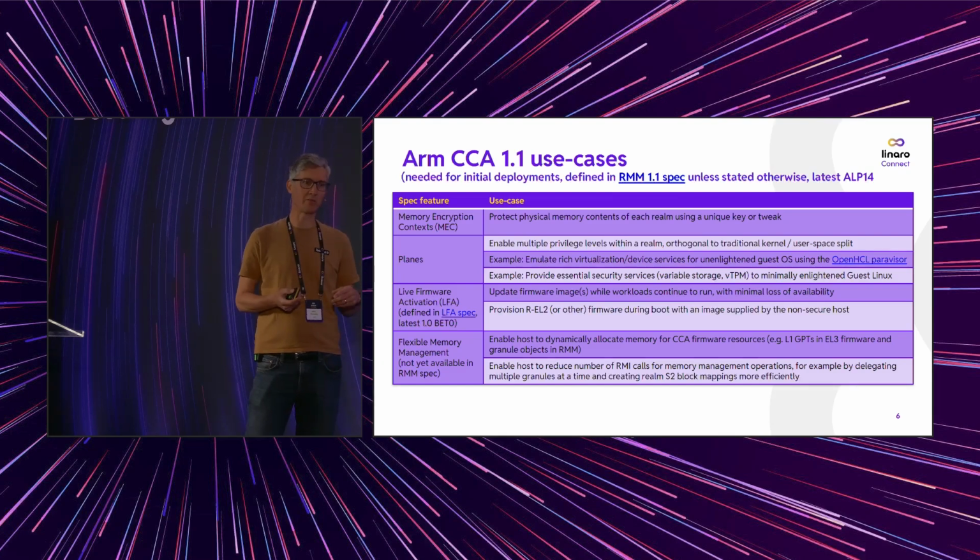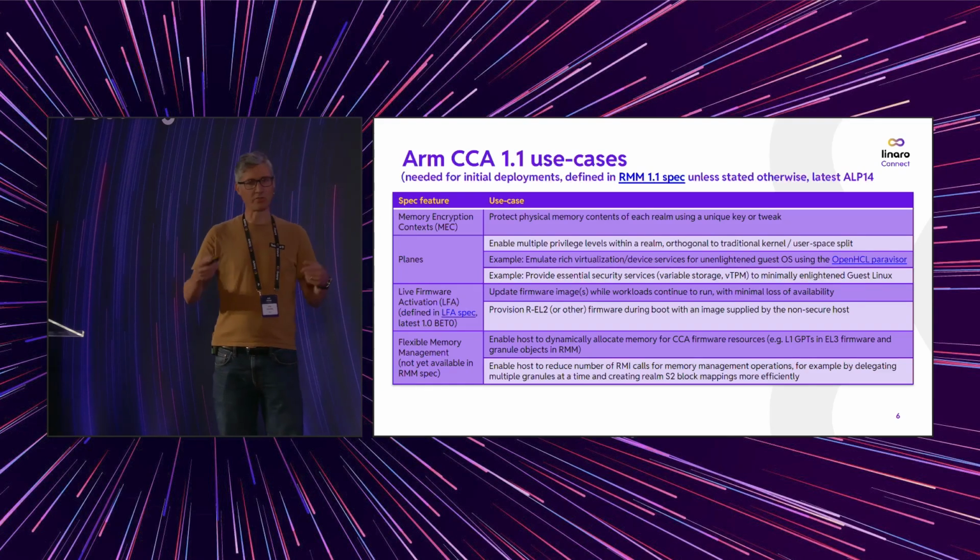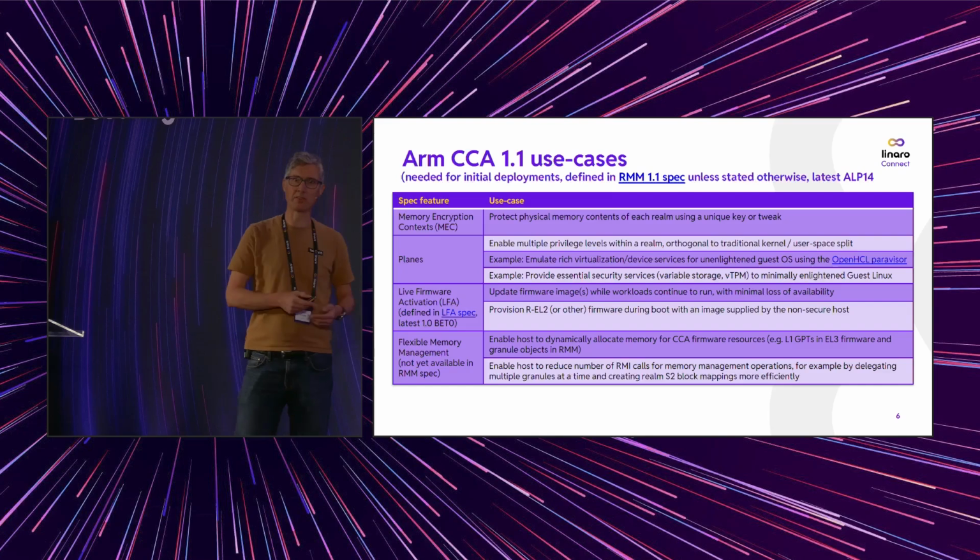The other use case, outside of infrastructure deployments, is to provide alternative firmware during boot with an image supplied by the OS itself. Obviously, that changes the trust model from fundamental CCA, but that's important for example for client systems that are considering using RME.